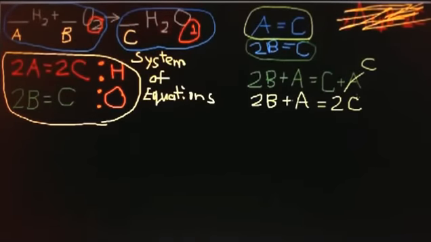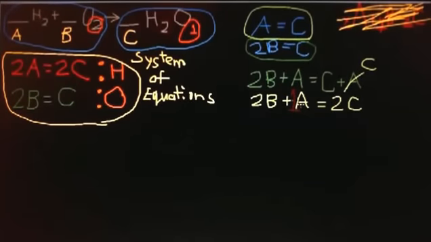Okay, so if we have 2b plus A, now this has an imaginary invisible coefficient of 1.